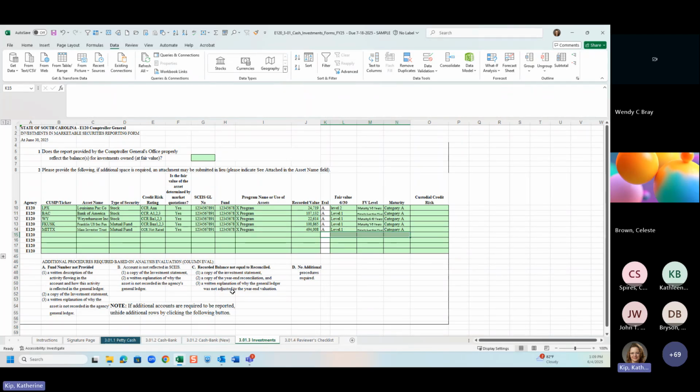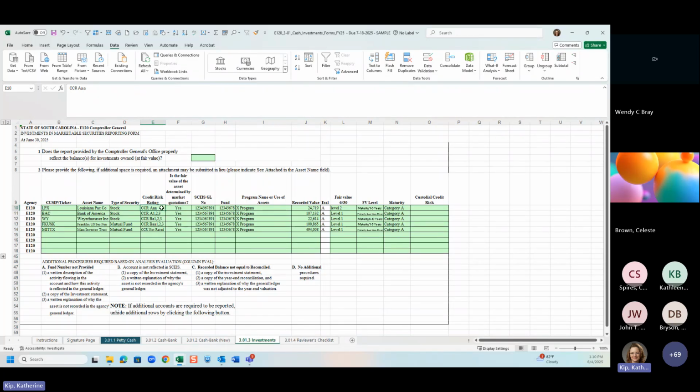There are some new categories in here that were not being asked before. You will have to designate what the credit risk rating is, the fair value rating, the maturity level, and the custodial credit risk. You'll just drop down; you should get this on your investment statement, so you just have to put it in here.